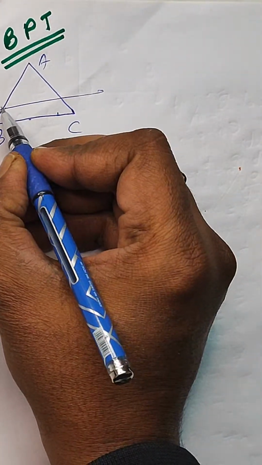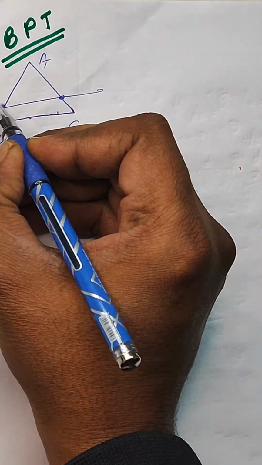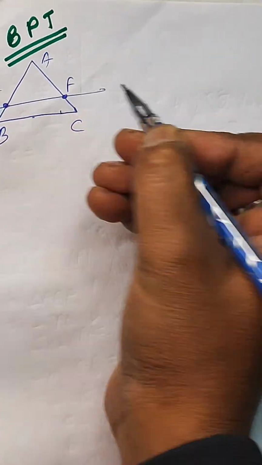Let us say this line EF is drawn parallel to the third side. Let me zoom a little.